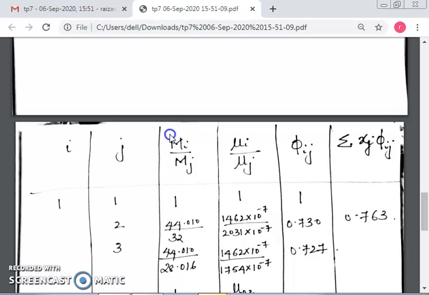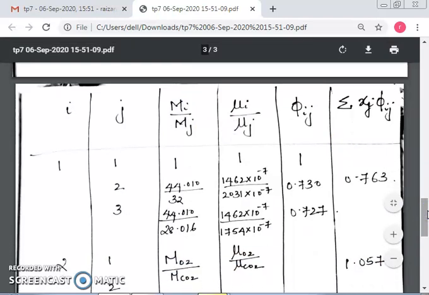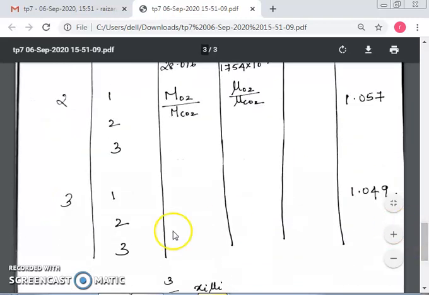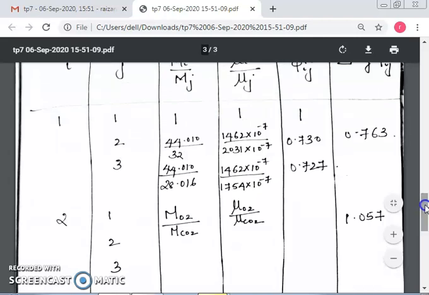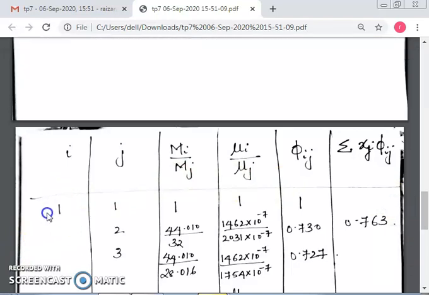And after that, in that question we actually have 3 species given. So you write i as 1, 2 and 3. Then let us take the first species i, that is, species i is 1. 1 corresponds to carbon dioxide in the question.